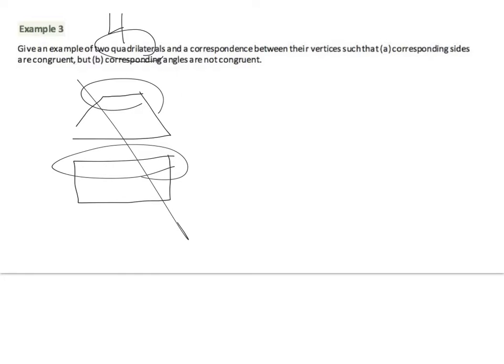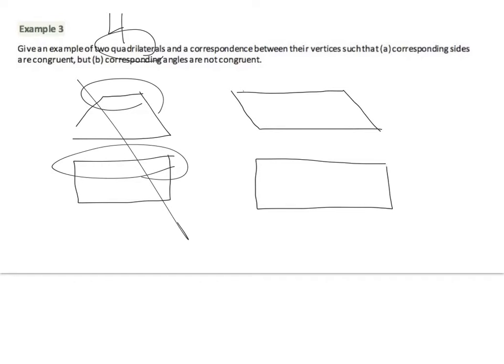Ooh. Parallelogram. That's terrible looking. Let's see if I can make that a little bit better. Parallelogram, and a rectangle. So we're going to make these congruent, those congruent, but none of those angles are congruent.